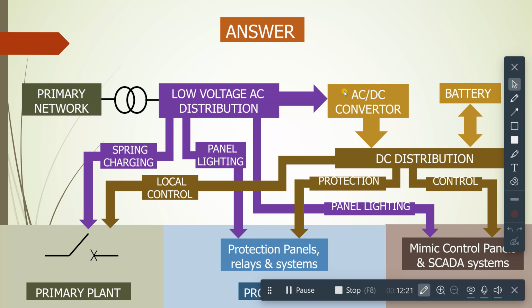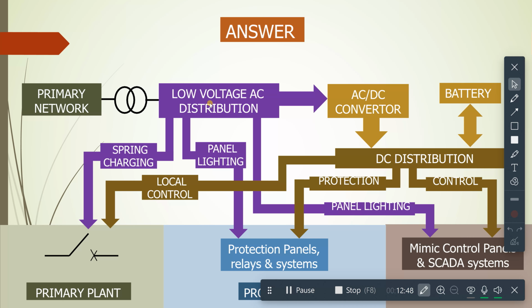Firstly, we have the station service transformer, this one. This transforms the voltage from the primary system into a low voltage that we can feed into all the panels. We have the low voltage AC supply boards as well. These supply the low voltage to the protection and the control system.